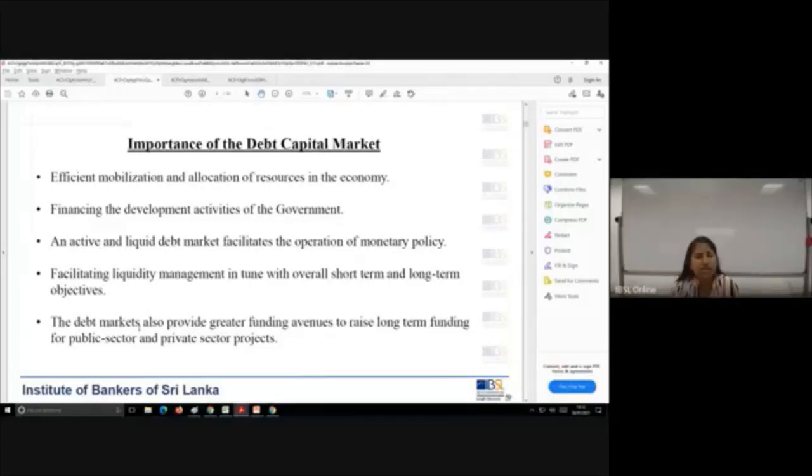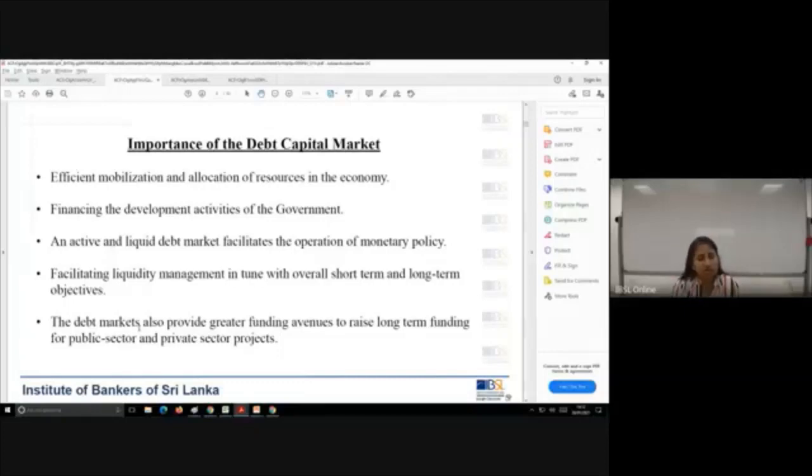And then you need debt capital market for you to manage liquidity, to balance between both your short-term and your long-term objectives. Debt capital markets also provide a great funding avenue to raise long-term funding for both public and private sector projects. Because now you can see 30-year funding.